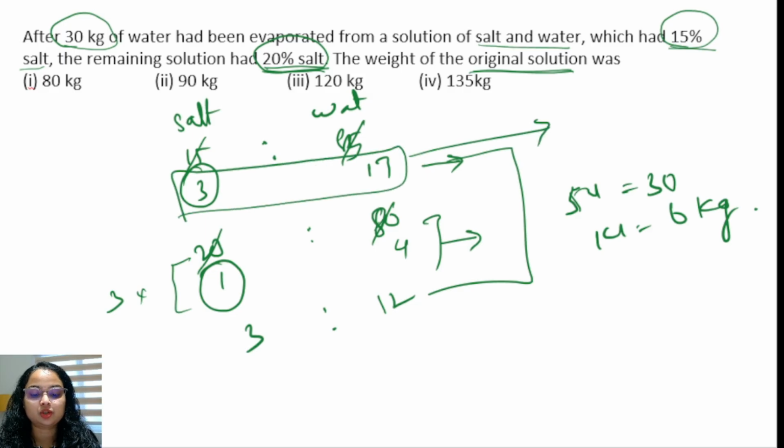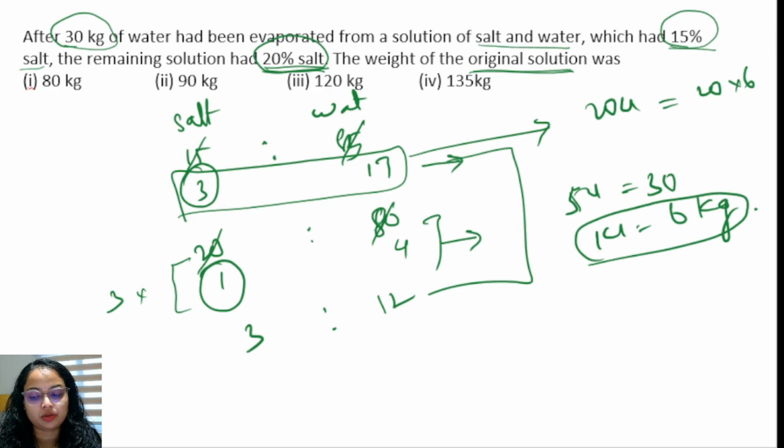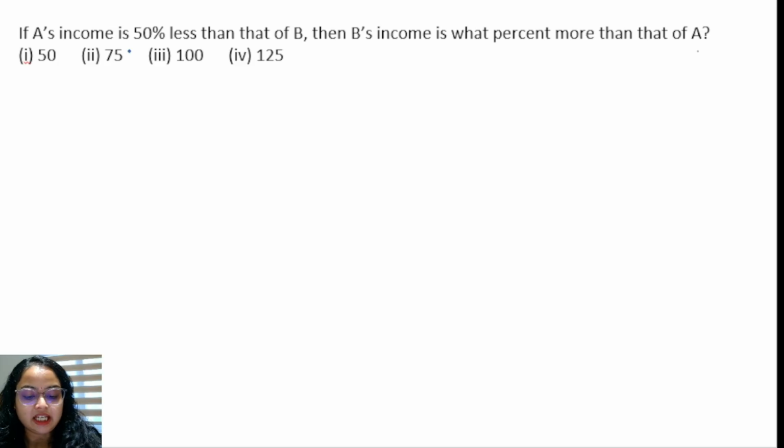The original total quantity is 3 plus 17, it is 20 units. So 1 unit is equal to 6 kgs, so 20 units is 20 into 6, it is 120 kgs. Third option.